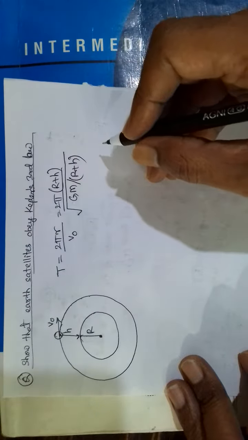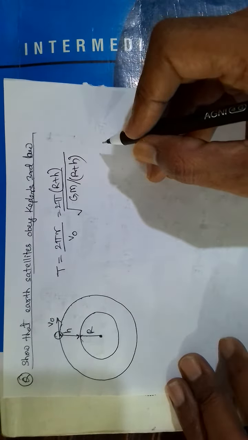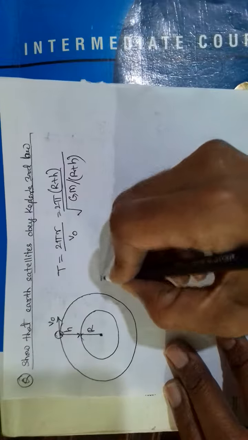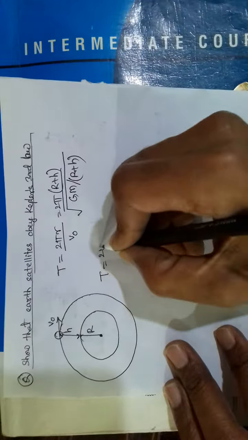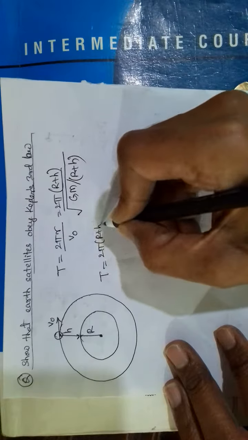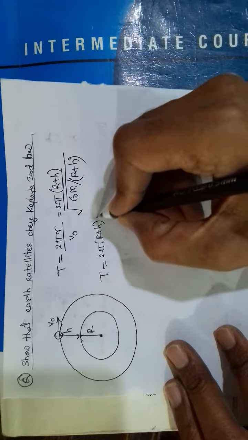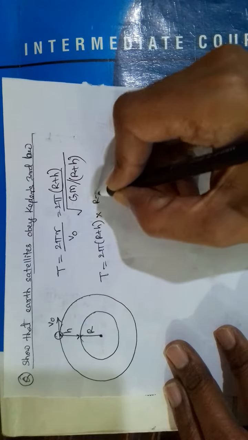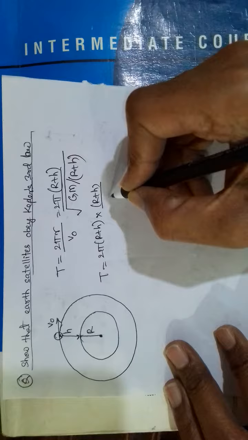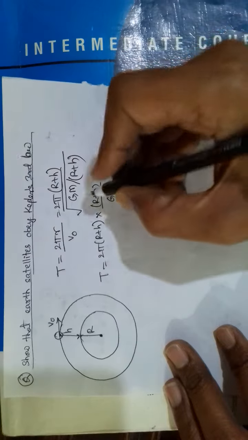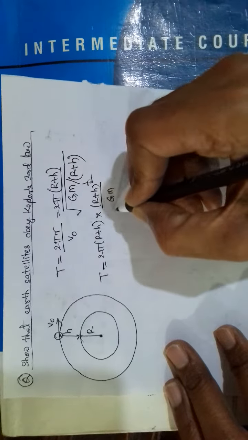Just now we derived the expression. So T is equal to 2 pi (R plus h) into ((R plus h) by GM) to the power 1 by 2.